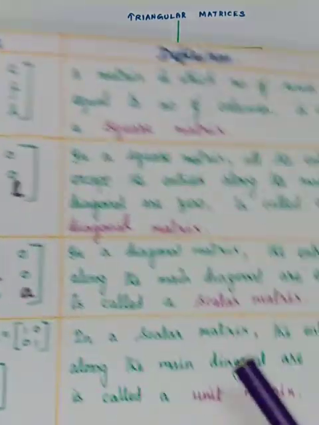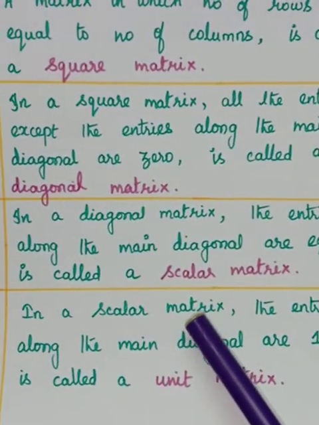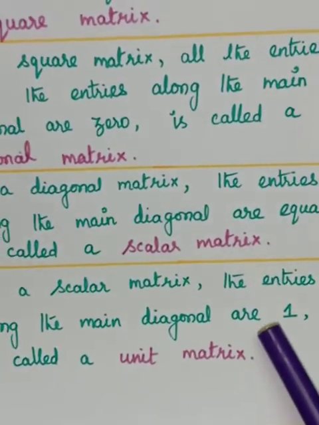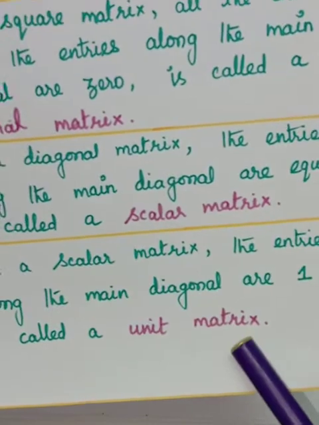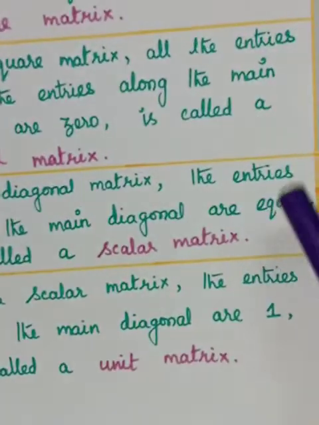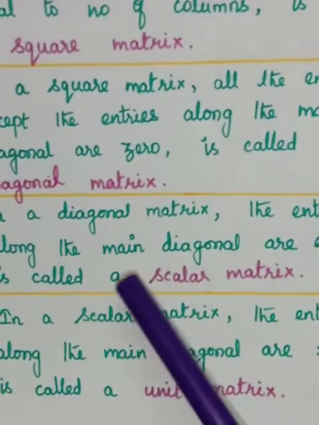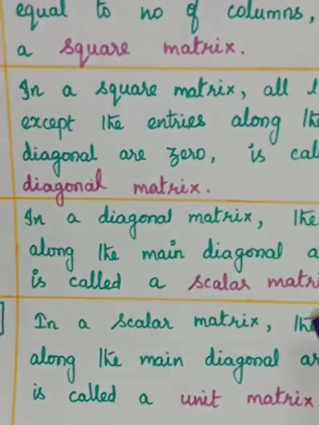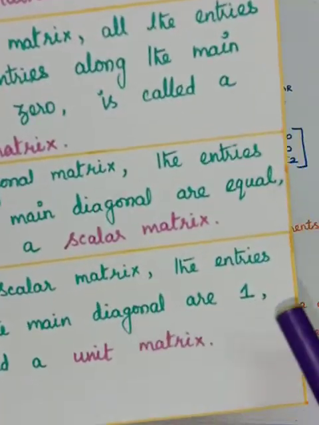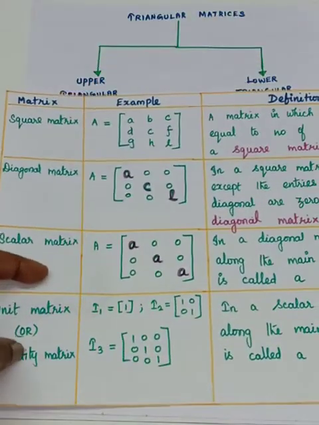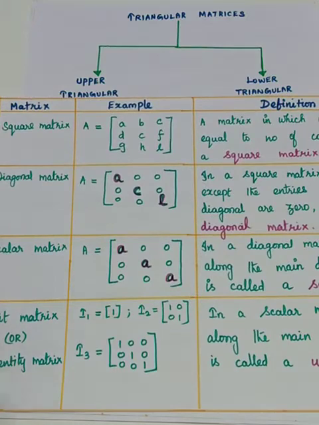You see that? In a scalar matrix, if the entries along the main diagonal are 1, it's called a unit matrix. If the main diagonal elements are equal, that matrix is a scalar matrix. If they are equal to 1, that is called a unit matrix. You see that from the example, it will be very clear.